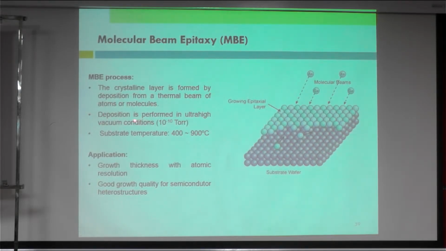Deposition is performed in ultra-high vacuum conditions, 10 to the power of minus 10 torr, and the substrate temperature is 400 to 900 degrees Celsius. In terms of application, growth thickness has atomic resolution, so very thin and precise layers can be deposited, with good growth quality for semiconductor heterostructures.